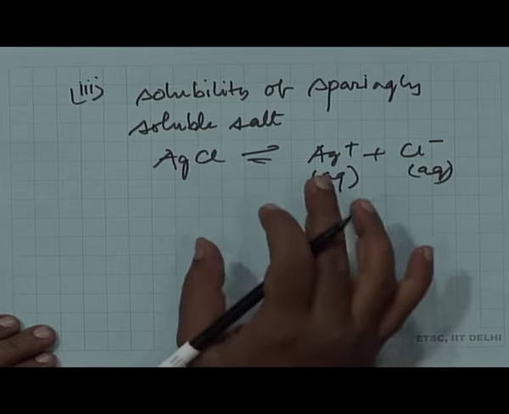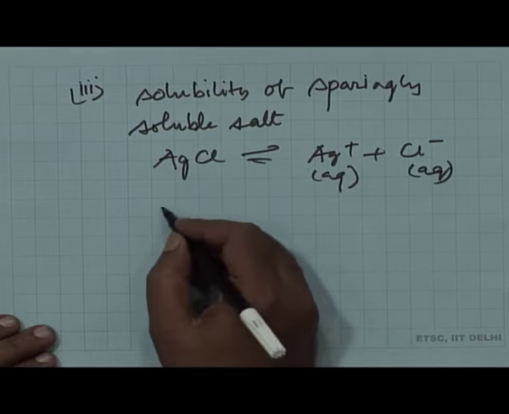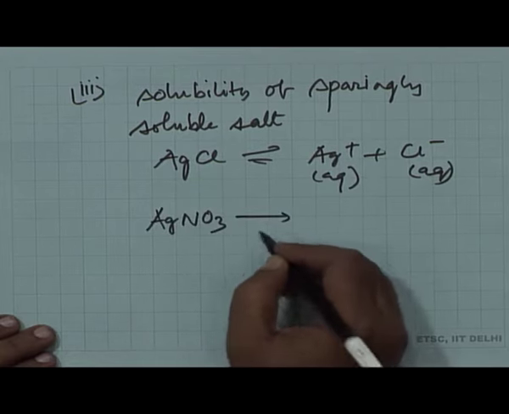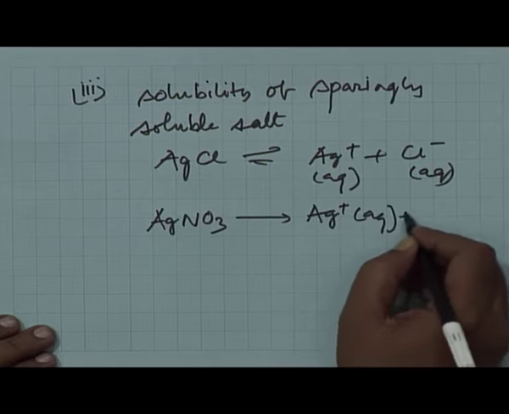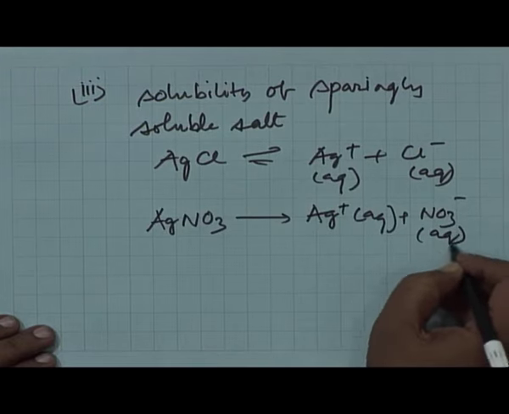If we take, for example, AgNO3, then it is not reversible, because this is a soluble salt, and it will give you Ag plus aqueous plus NO3 minus aqueous. It completely dissociates.